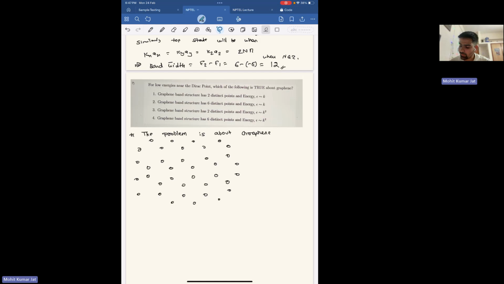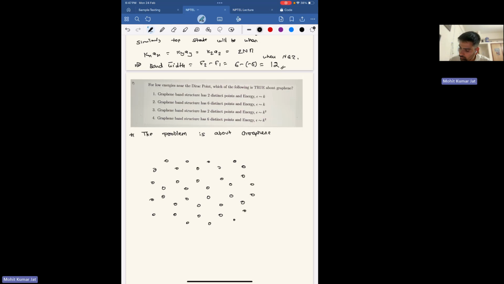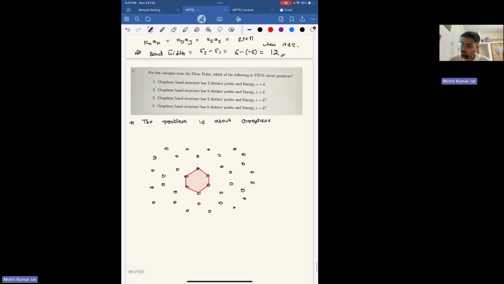Right? This is the graphene lattice. So this point which I'll be labeling, this point, and this point are of one kind because they share one kind of environment.